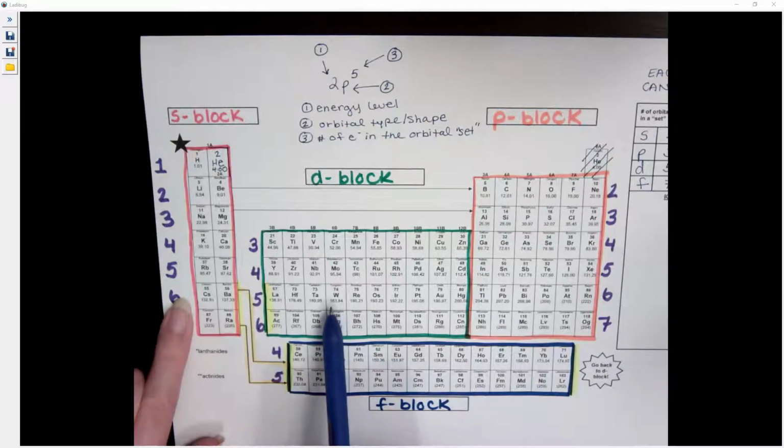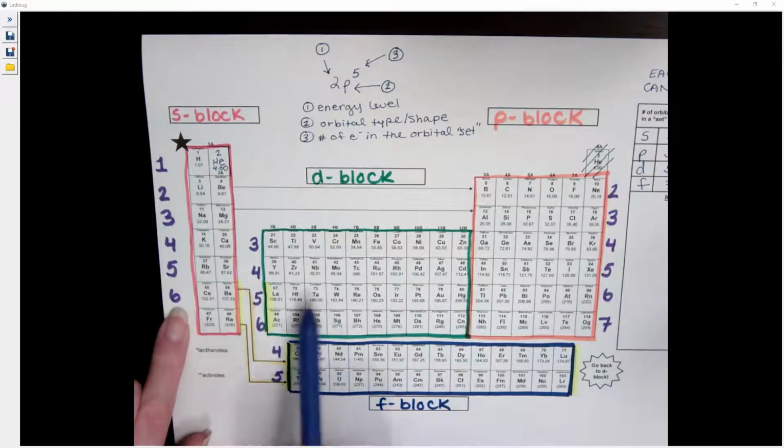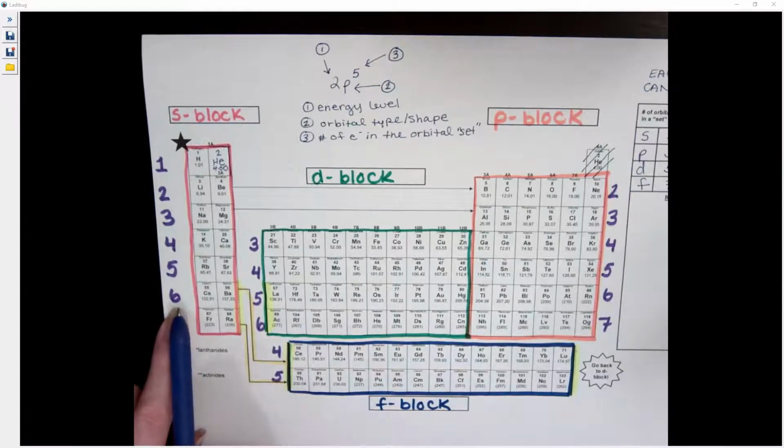So if you noticed, we went from 6s to 4f and came back and did 5d, okay? And if you look at your orbital diagram, you would see that same pattern. The 6s boxes are there. Next would be the 4f boxes, and then you would see the 5d boxes, okay?